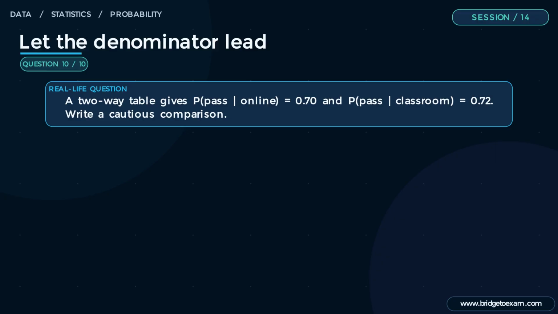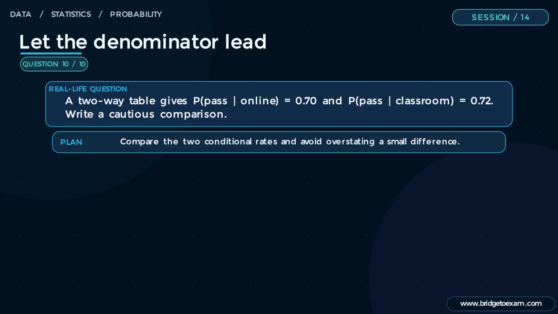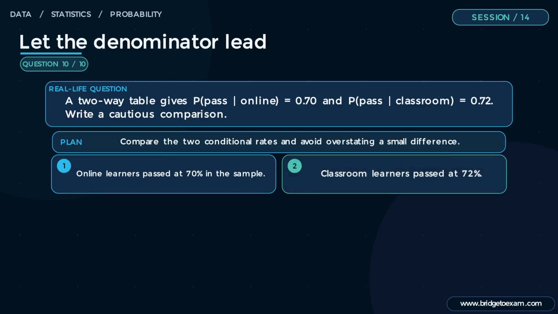Example 10. A two-way table gives P(Pass | online) equals 0.70 and P(Pass | classroom) equals 0.72. Write a cautious comparison. The comparison places both cases on the same scale. Plan. Compare the two conditional rates and avoid overstating a small difference. Step 1. Online learners passed at 70% in the sample. Step 2.